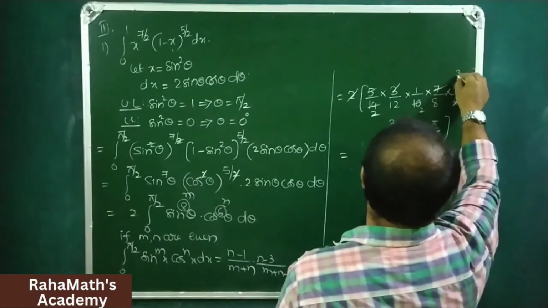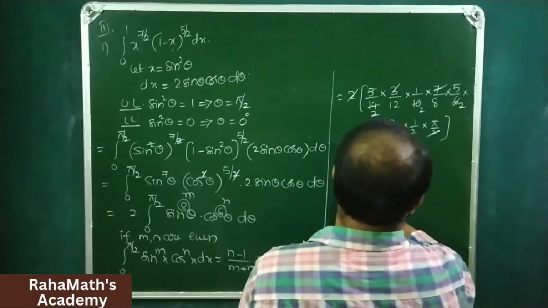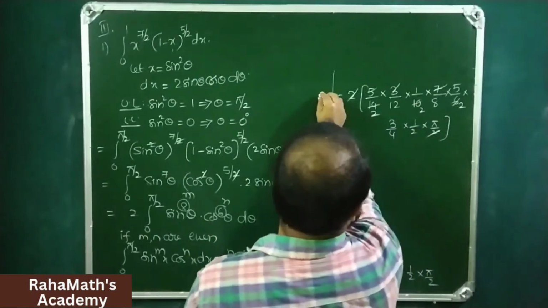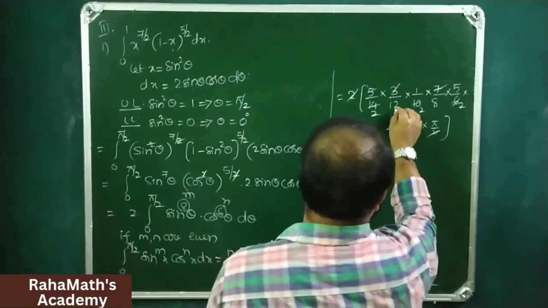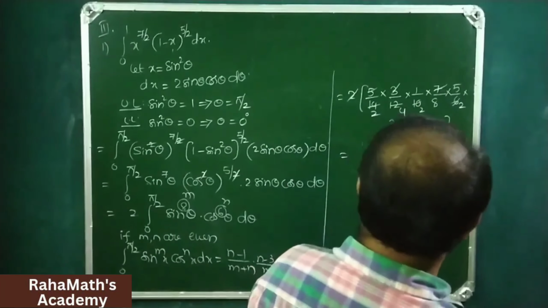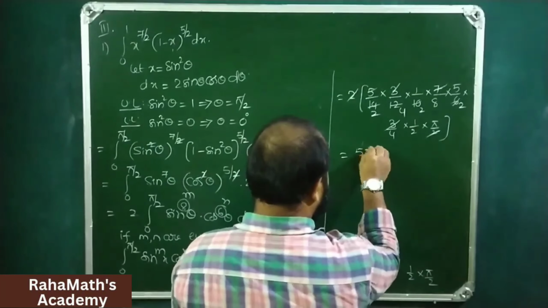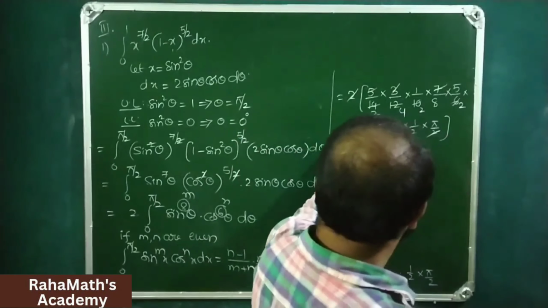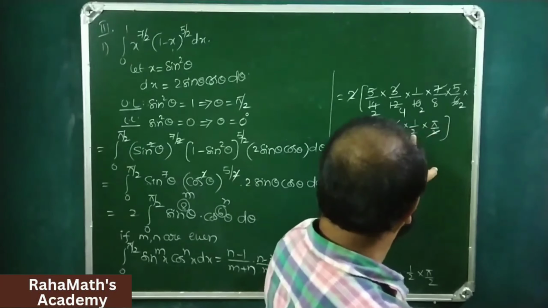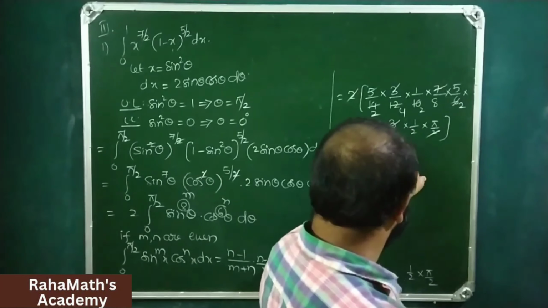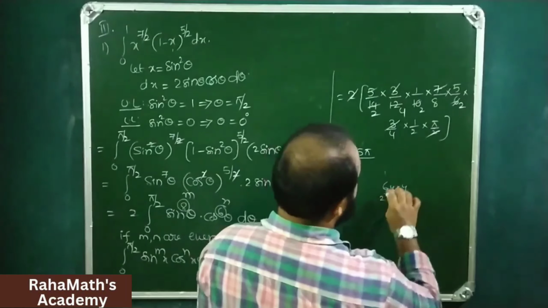This is 3 by 4. So 4 3s are 12. This is into 3 by 4. 3 4s are 12. So this 4 times, and that's it. So 5 pi by, we are left with 2 4s are 8, 8 2s are 16, 16 2s are 32, 32 2s are 64, 64 4s are 256 into 8.